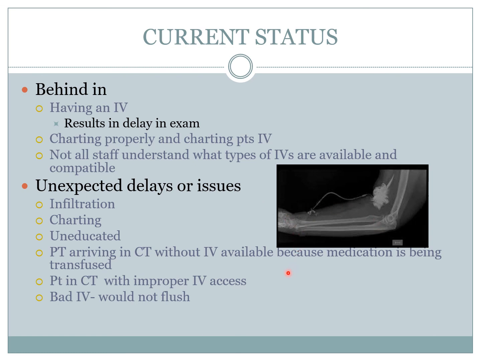Okay. I think that kind of wraps that up, and I hope there's a better understanding about the contrast, the IV access, who needs to know, where it needs to be, the location, and everything that we need to have.